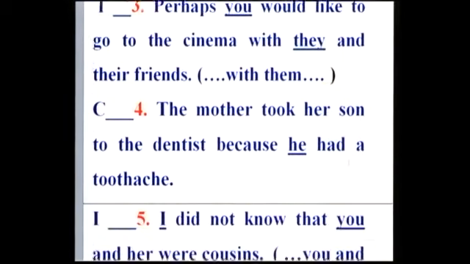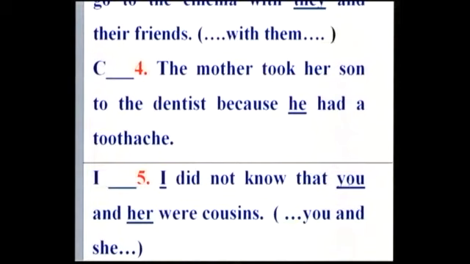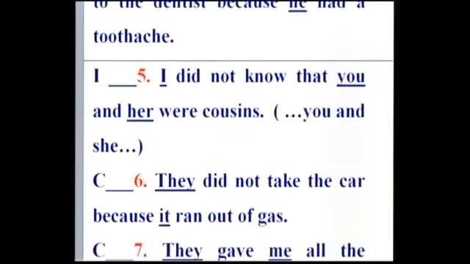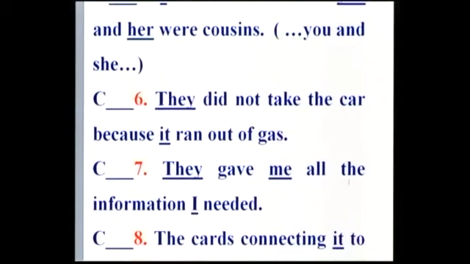This is correct. I did not know that you and her were cousins. لأ. That you and she لأنها subject. They did not take the car because it ran out of gas. Correct. They gave me, that's object, correct, all the information I needed. The subject برضو زي they.